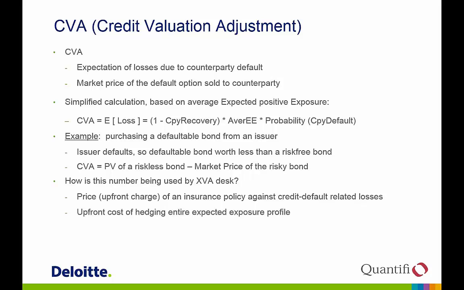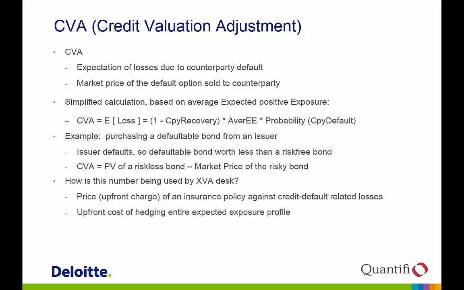For example, you're purchasing a defaultable bond from an issuer and the issuer defaults, so the defaultable bond is worth less than a risk-free bond, and your CVA is just the present value of the riskless bond minus the market price of the risky bond.